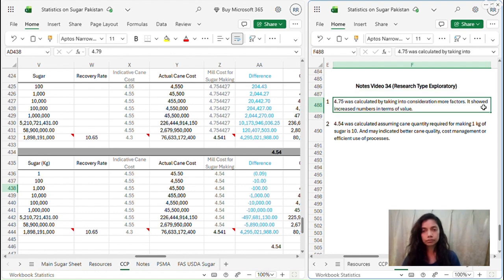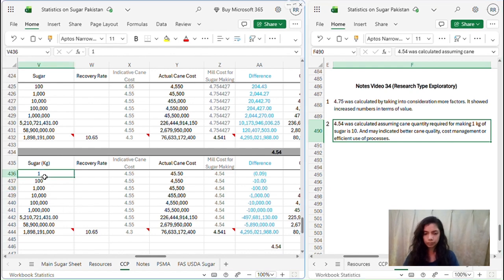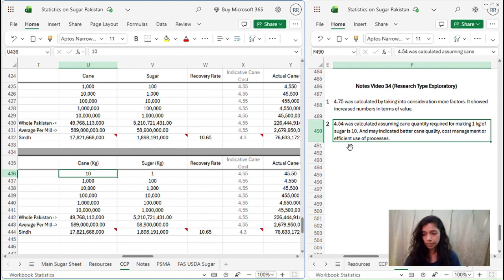So here, let me just read out the notes. 4.75 was calculated by taking into consideration more factors which showed increase in numbers in terms of value that we have discussed. 4.54, this number was calculated assuming cane quantity required for making 1 kg of sugar is 10. Here, the number may indicate better cane quality, cost management, or efficient use of processes.